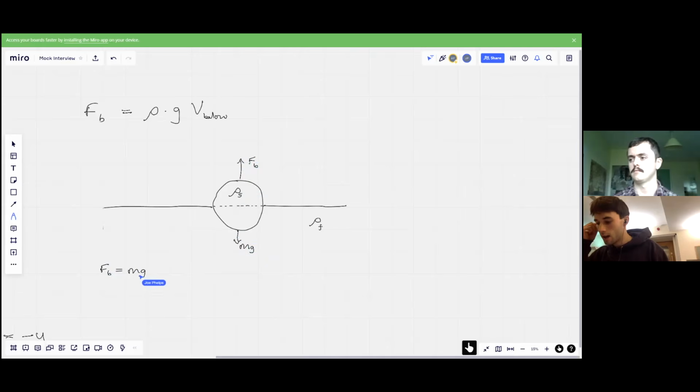Fb, as you said, is equal to the density of the fluid times gravity times the volume below the surface. So this is a sphere, and we've got half of it below the surface. So that would have a volume of 4/3 pi r cubed divided by 2.